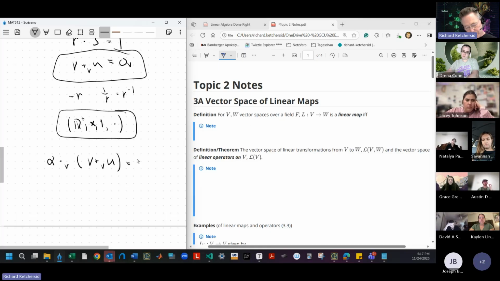So this should be alpha v, v. Again, these are vectors. This is just indicating the plus of the vector space. Plus alpha, and then u, and I need to decorate this with a v there.